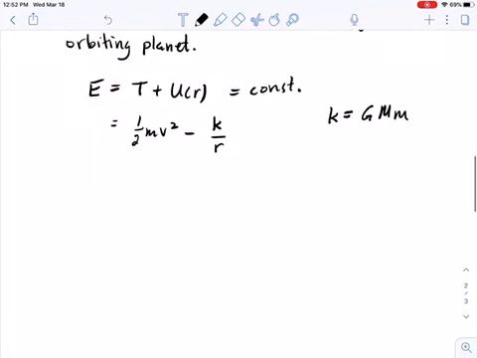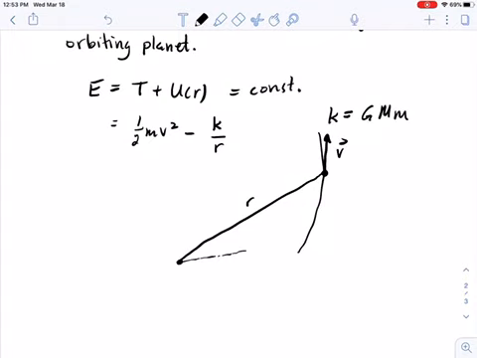Okay, so let's think of, here's the focus, this is where the sun is, and then we measure out a distance r to our planet, which is somewhere along its orbit, and its velocity is tangent to this path, and here's theta. And so what we could say is that there are two components to this velocity. There is a component that's in the radial direction, and so that's going to be r dot r hat.